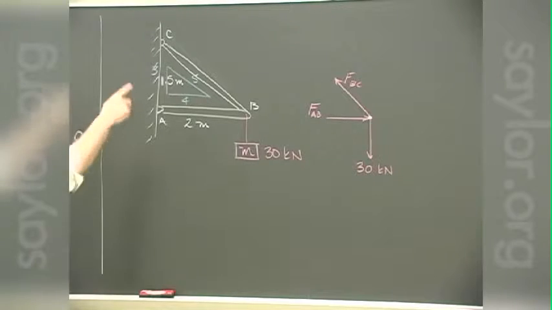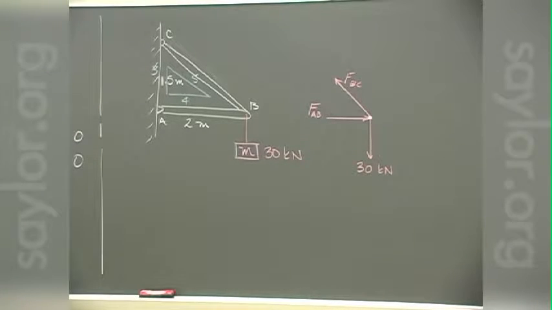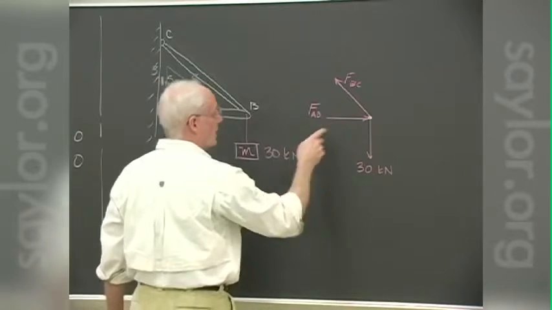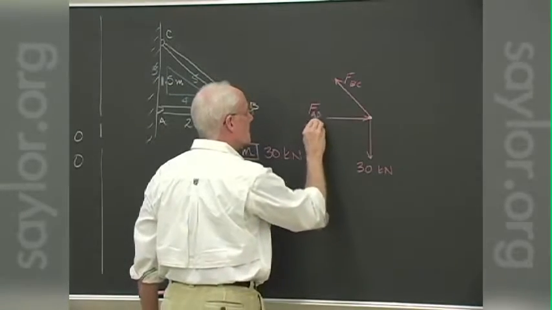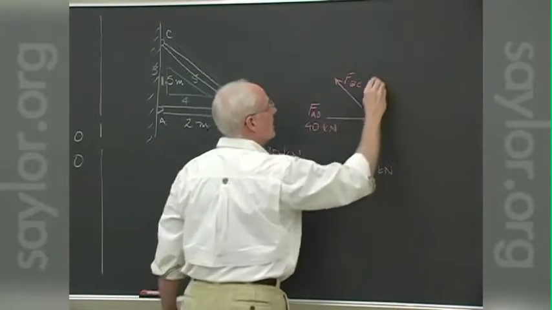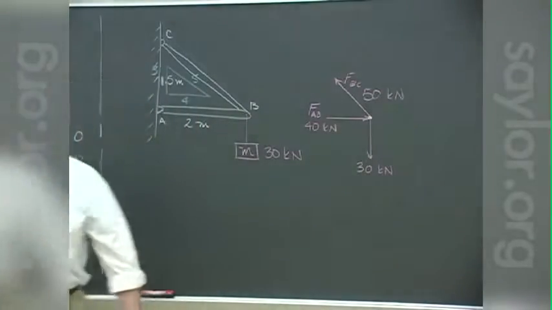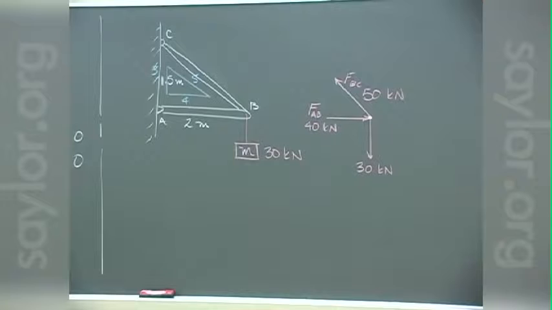It doesn't matter what the member does in between, the forces are directed through those two pins. So then we can figure out what the forces are without having to do too much of a quick calculation because we've got the same ratio in the forces that we have in the geometry itself.